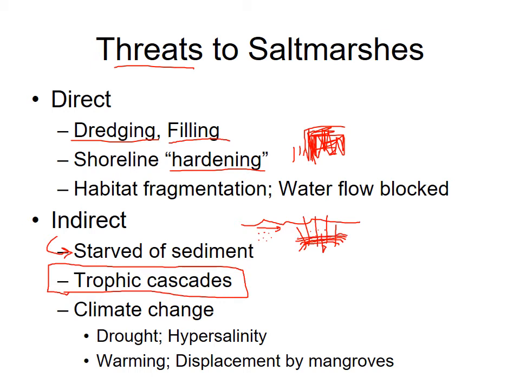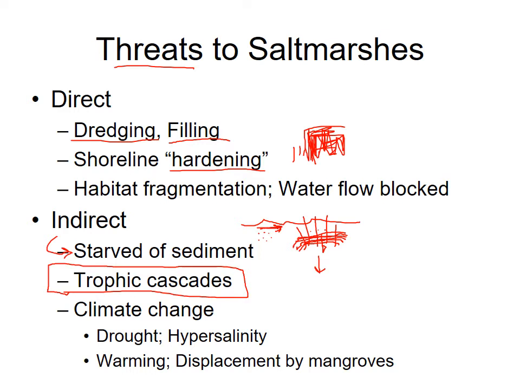And that helps the salt marsh grow and keep up with sea level rise. And also help keep up with subsidence, because the soils in these areas are compacting over time. So you need this delivery of more particles of sediment to the salt marsh to help sustain it and allow it to build itself up.